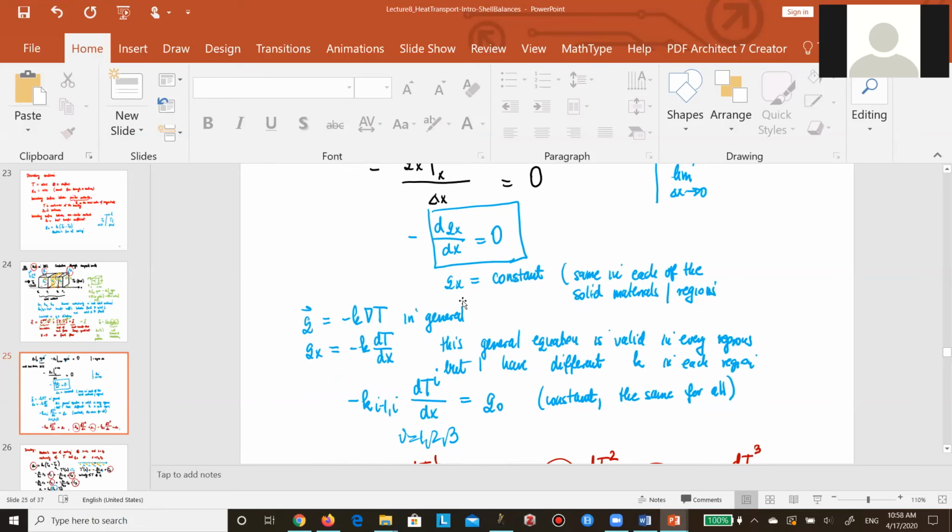So r squared q_r is constant across the system. So you repeat this problem, but you don't treat just one flux as Q0. It's r squared Q that is constant and the same at every boundary.